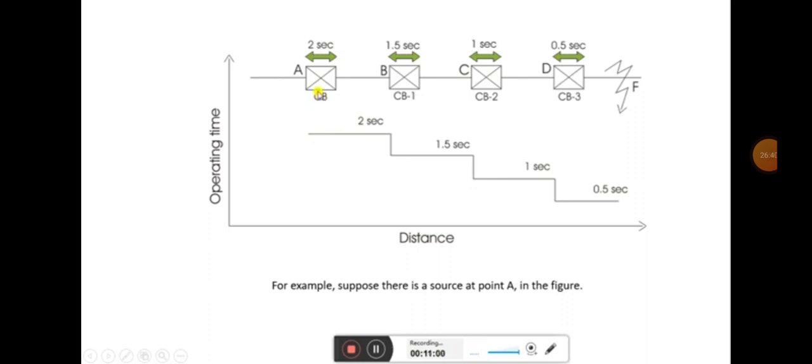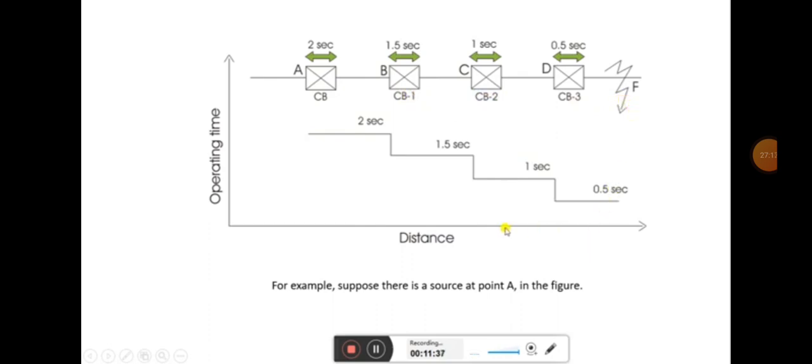So we see that if we move towards the source side, the time setting of each relay is successively increased: 0.5 second, 1 second, 1.5 seconds, and 2 seconds. As the span length increases and we go away from the source, the time setting decreases successively.